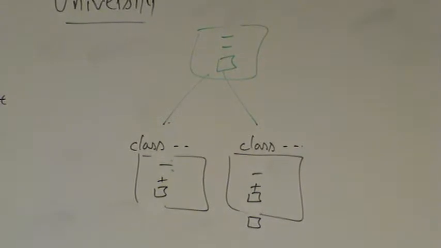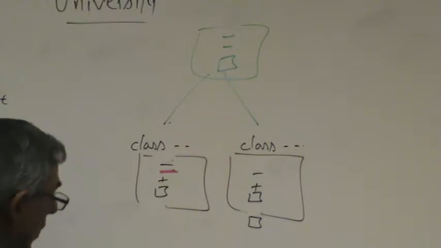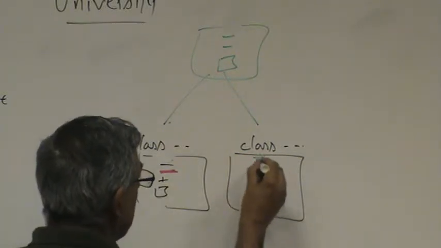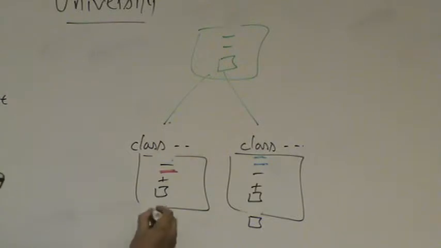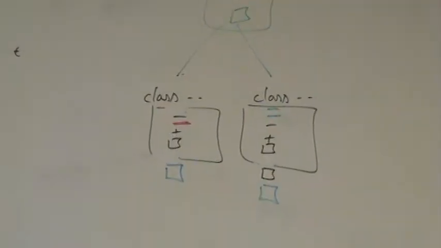Now we can of course add more fields. You can add an extra field over here, you can add 2 extra fields over here. It doesn't matter. You can add an extra method over here, add an extra method over here, right?